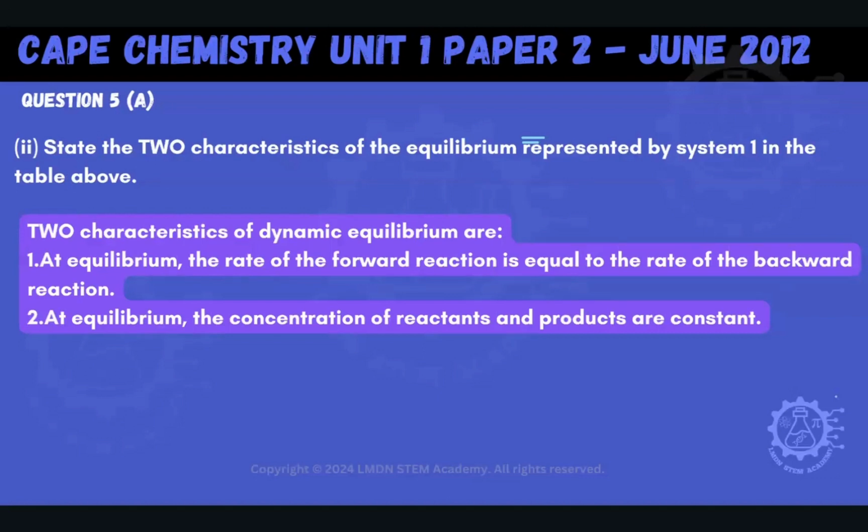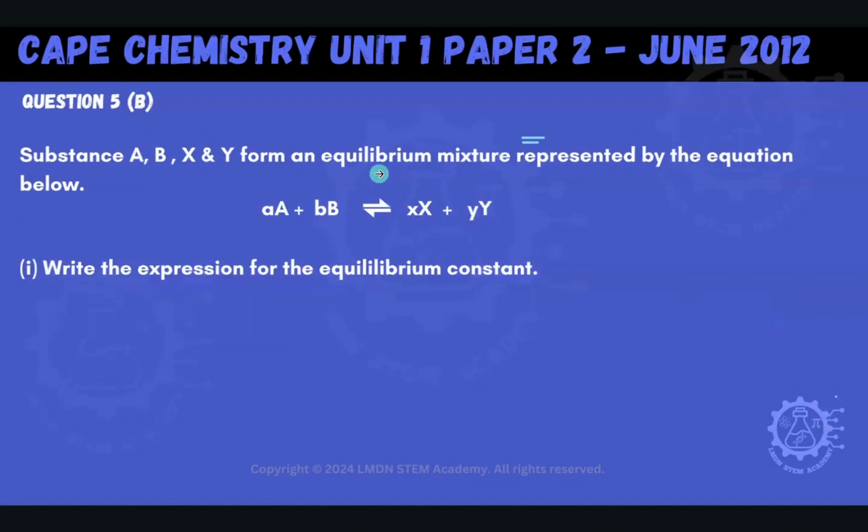Because you're constantly shuttling back and forth. And so the concentrations of the reactants and the products are actually going to be constant when you're at equilibrium, okay?